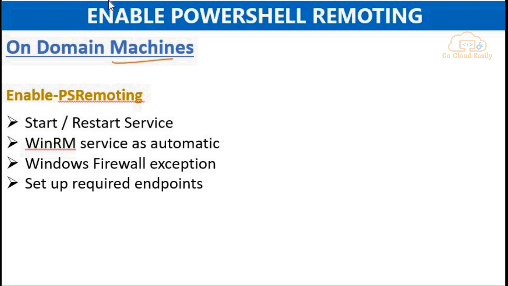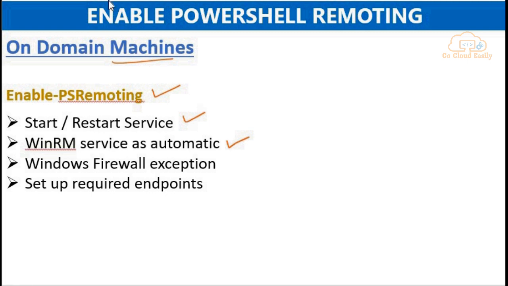In case of domain machines, we simply need to run the command Enable-PSRemoting. Once we run this command, it does a sequence of activities on that machine. It starts the WinRM service, or in case it is already started, it restarts the service. Also, it sets the startup type of this service to automatic.